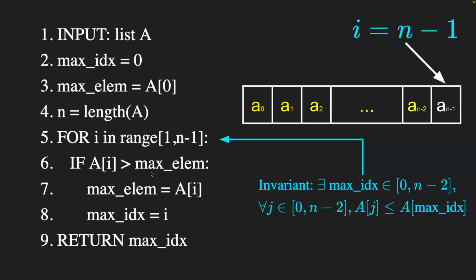So when I get to I equals n minus 1, I will have done the list so far up to n minus 2. So all these properties hold for all the things up to n minus 1. But my problem is I want it to hold including this last term, n minus 1.